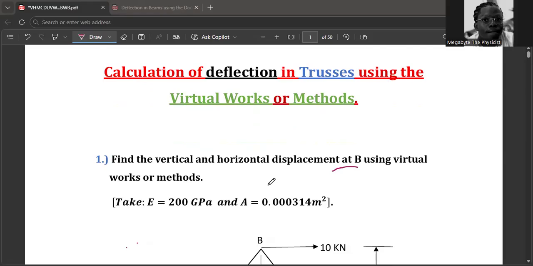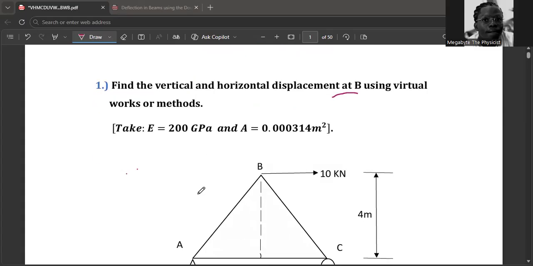Let's look at our question one and what it says. Find the vertical and horizontal displacement at B using virtual works method. Take elasticity to be 200 gigapascal and area to be 0.000314 meter squared.